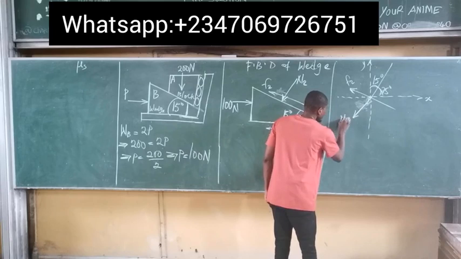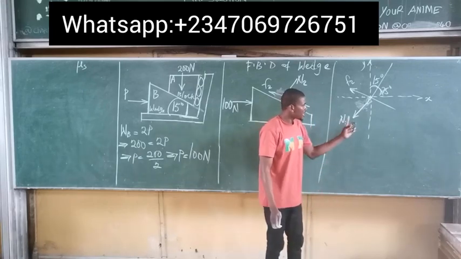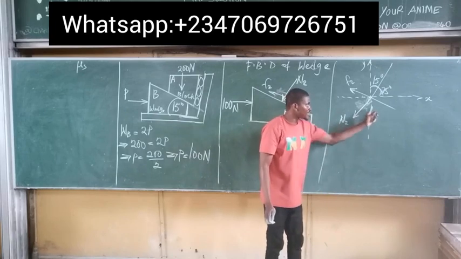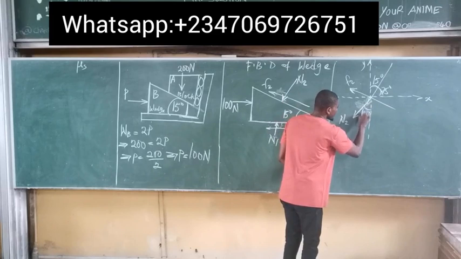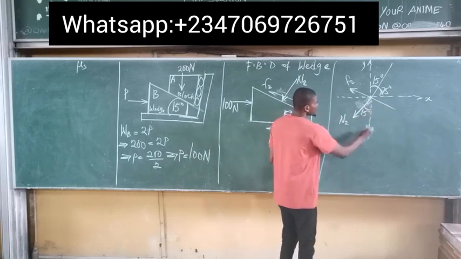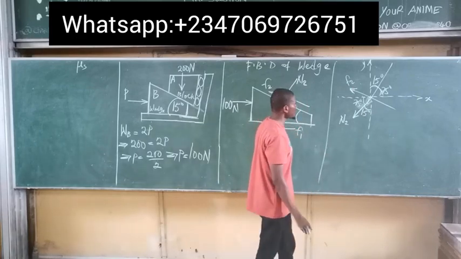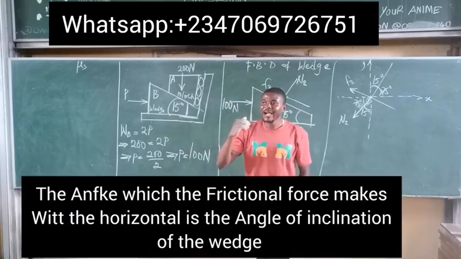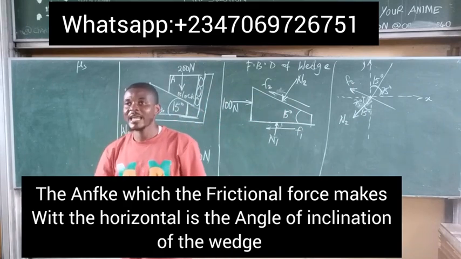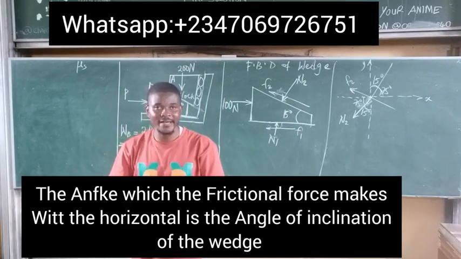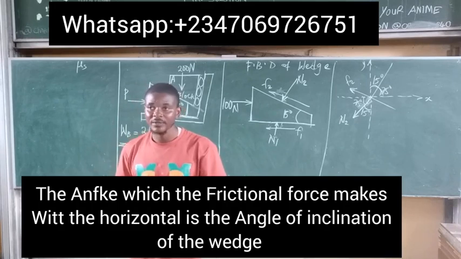This is N2. Just like I explained, the angle between the normal reaction and the vertical line, this is the vertical line as well, is also 15 degrees here, and if here is 15, here is also 75 degrees. Also, the angle which the frictional force makes with the horizontal line is also the angle of inclination.